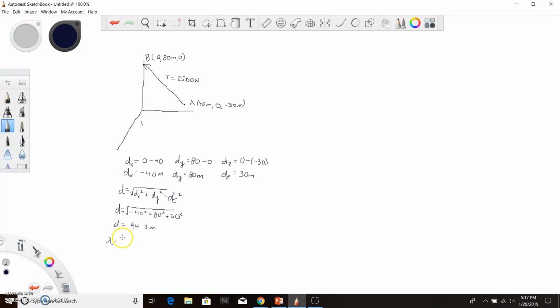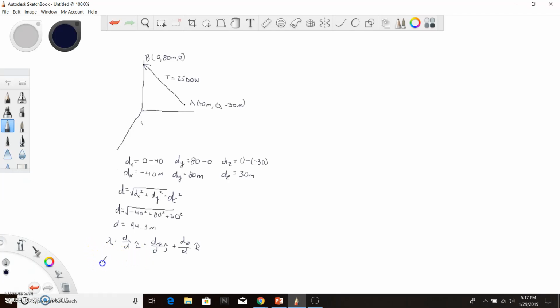To do that, I'm going to take d sub x over d, that's going to be i hat, plus d sub y over d j hat, plus d sub z over d k hat. That's my formula.